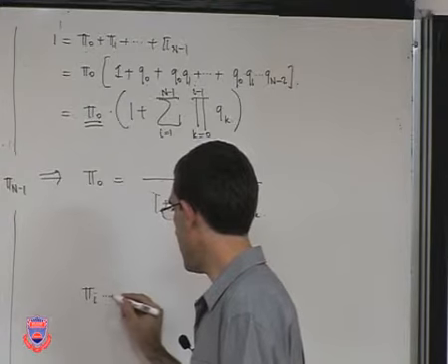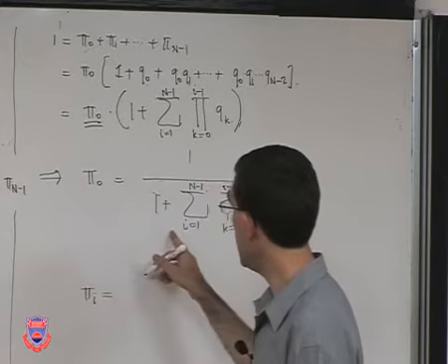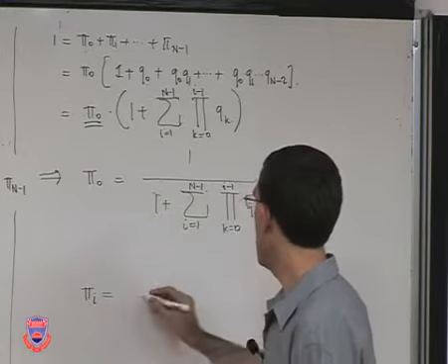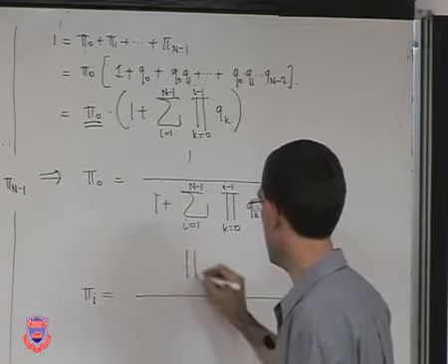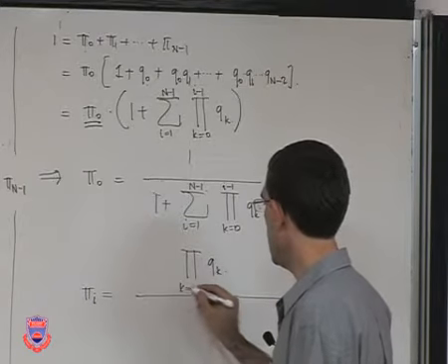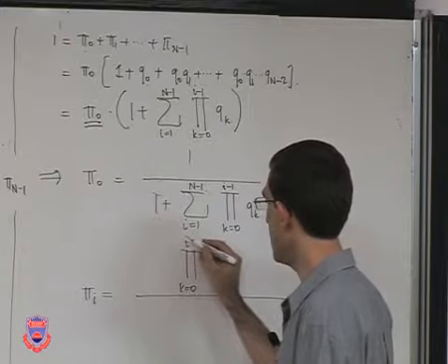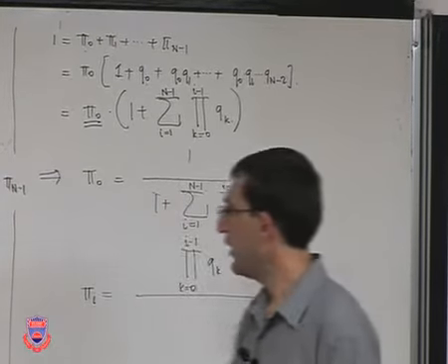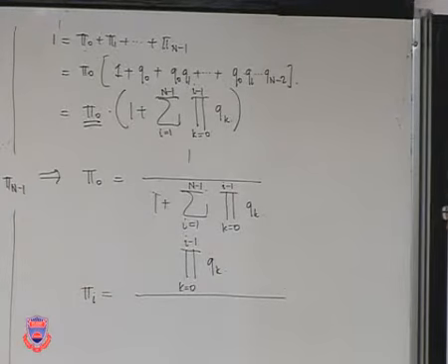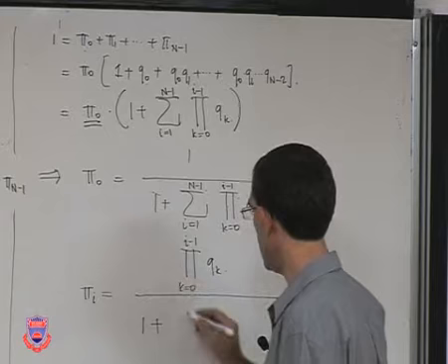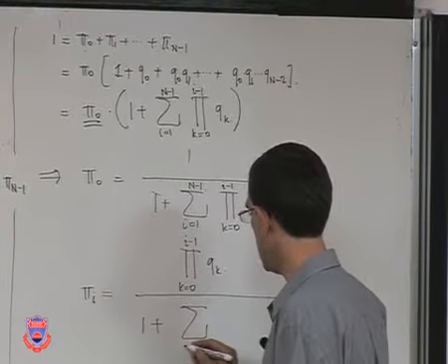So pi i equals this pi 0 times one of these terms, the product of qk's as k changes from 0 to i minus 1. When it is n minus 2, you have n minus 3 as the last term. And then you divide, of course, by this quantity, which is 1 plus the sum.